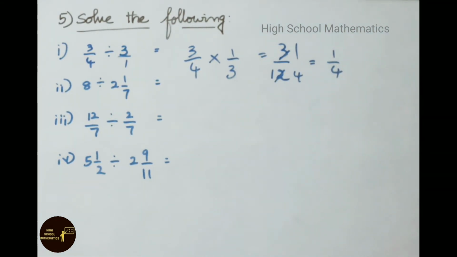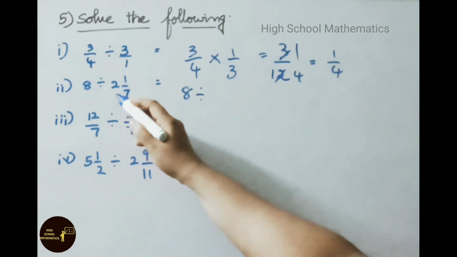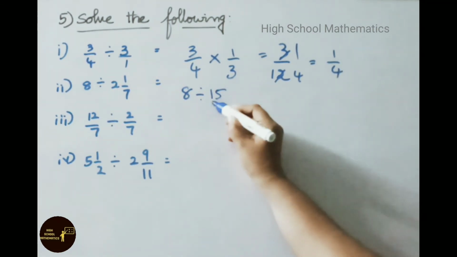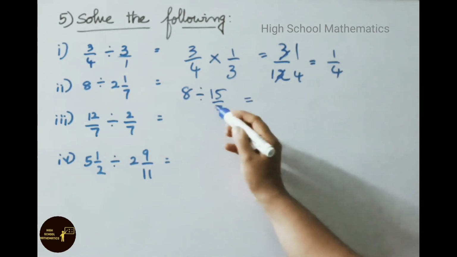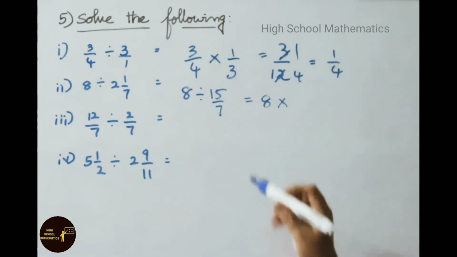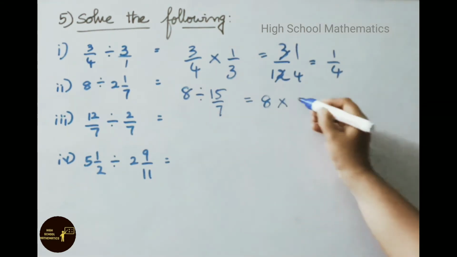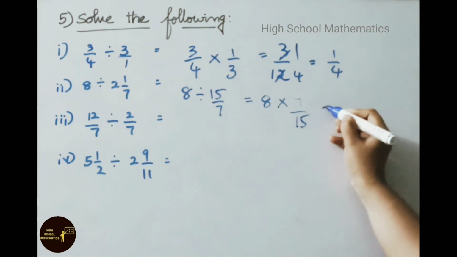See now second question, 8 divided by 2 1 by 7. Let us convert the mixed fraction to improper. Write down 8 divided by 7 twos are 14 plus 1, 15. Write down 15 by 7. Now 8 divided by 15 by 7 can be written as 8 into. Change the division symbol as into and write the second fraction as reciprocal. 15 by 7 is written as 7 by 15.